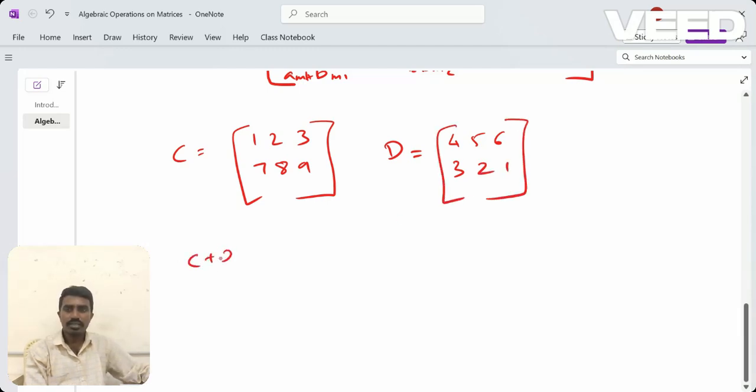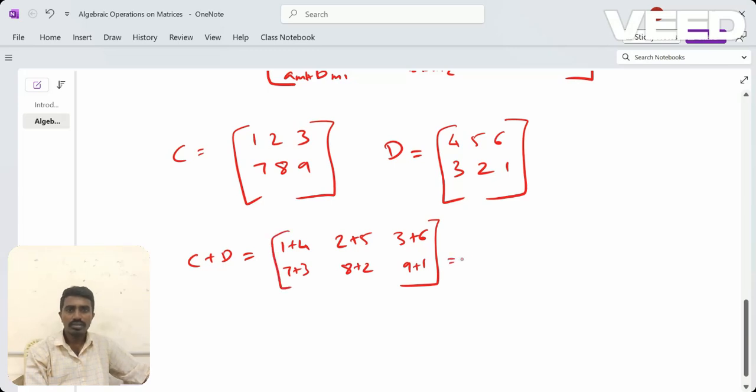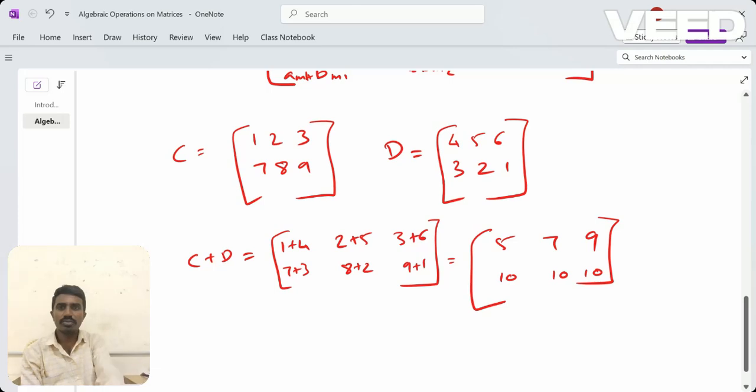Then C plus D is 1 plus 4, 2 plus 5, 3 plus 6, so corresponding elements you have to add. 7 plus 3, 8 plus 2, then 9 plus 1. Simplify this: that is 5, 7, 9, and then 10, 10, 10. So this is the sum of two matrices.